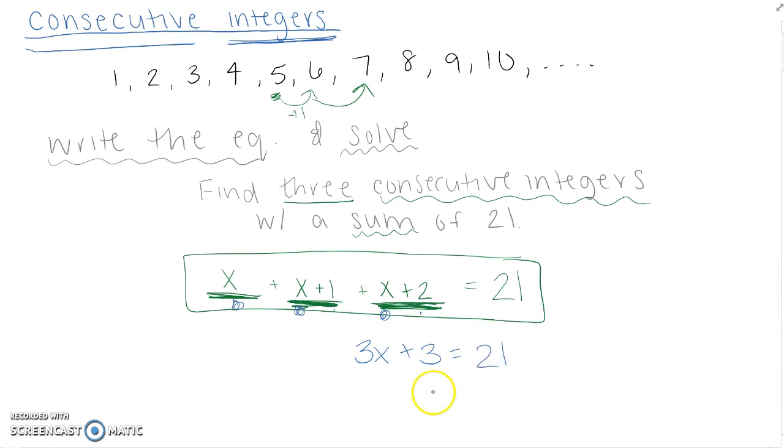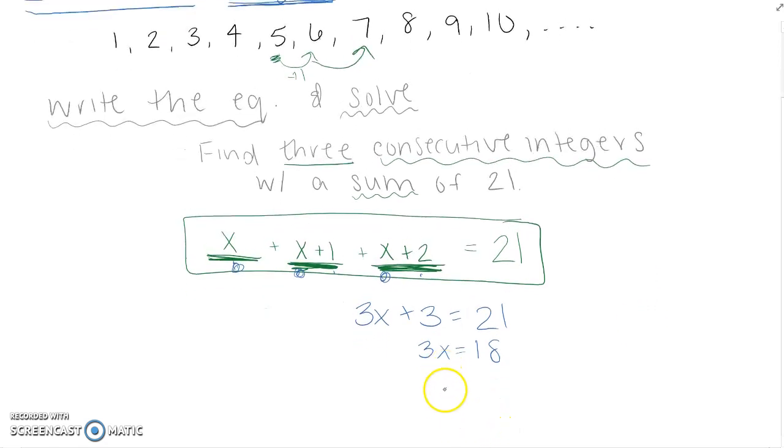Then we can just subtract 3 from both sides. So 3x equals, what, 18? And then we need to divide both sides by 3. 18 divided by 3 is 6. So that means 6 is our first number. That is our x.